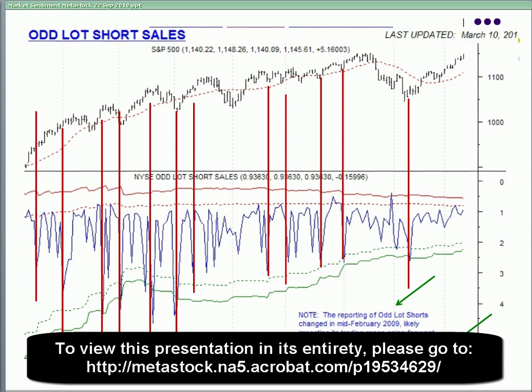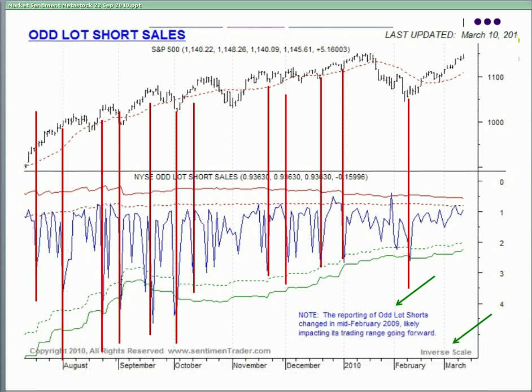What is odd lot short sales? Odd lot short sales is the aggregate number of short positions held by traders who do not trade a 100 share lot. It is presumed that the small trader can't afford to trade 100 shares, therefore they will trade 30 or 40 shares or 6 shares or 7 shares, and in that way we identify who the small trader is.